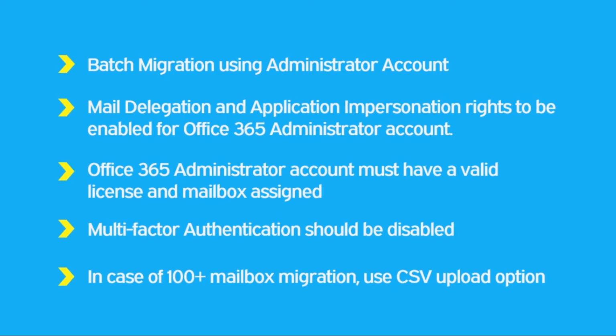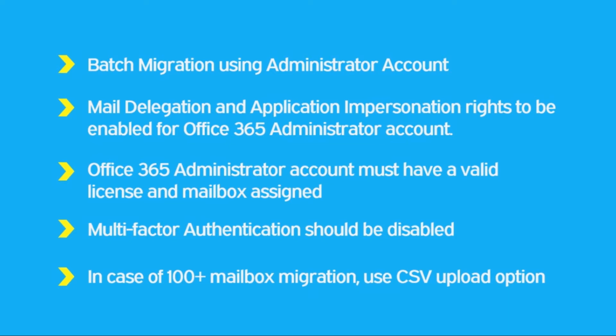All users' accounts should have a license to the Office 365 admin account. Make sure multi-factor authentication is disabled in the Office 365 account, otherwise, you may get a login issue in the software UI. In case of more than 100 Office 365 users, you need to create a CSV file containing all users' names and their email addresses and upload it in the software.